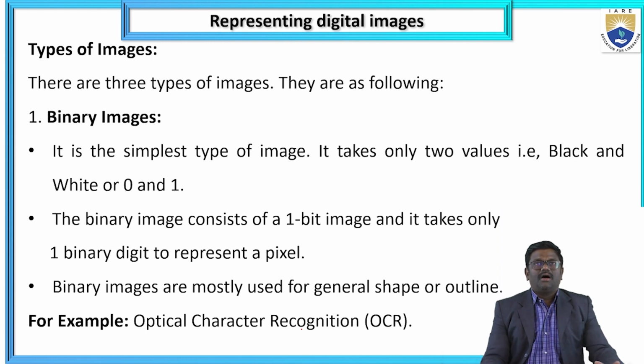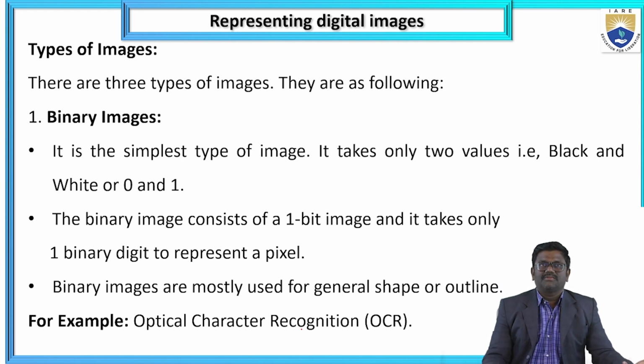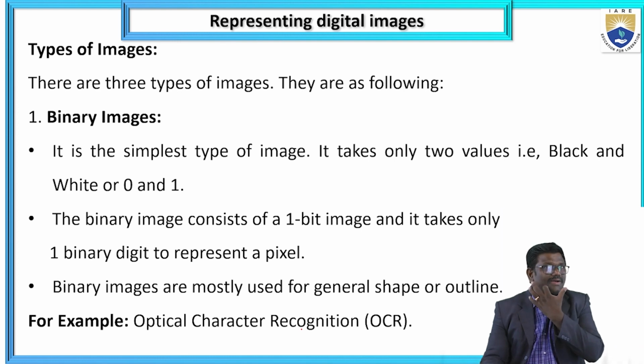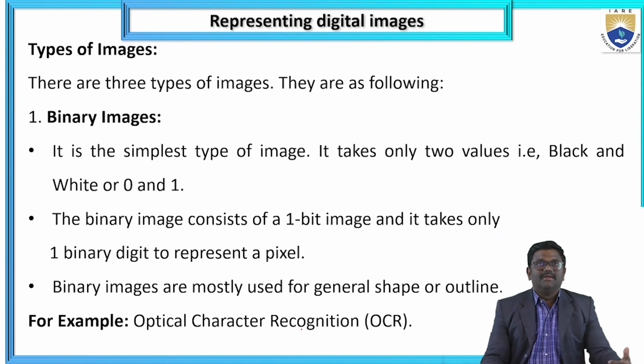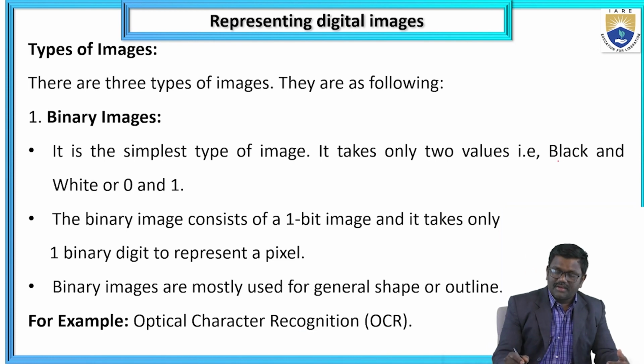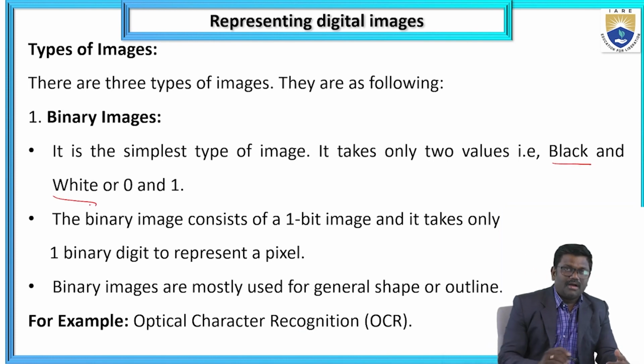Number one, among the three, is binary images. What do you mean by binary? It is nothing but zeros and ones. Keeping those zeros and ones in terms of image formation, we consider black and white.